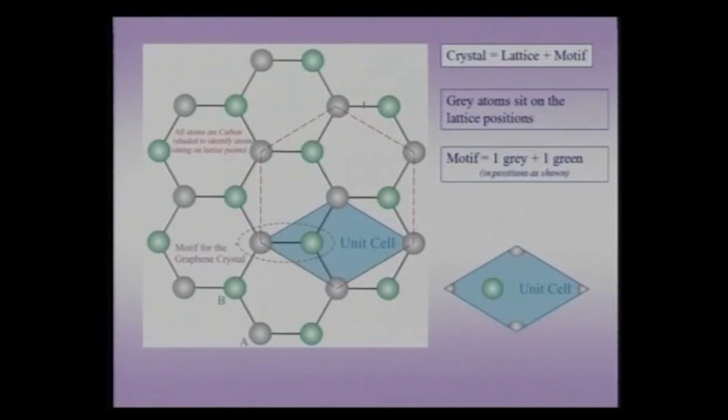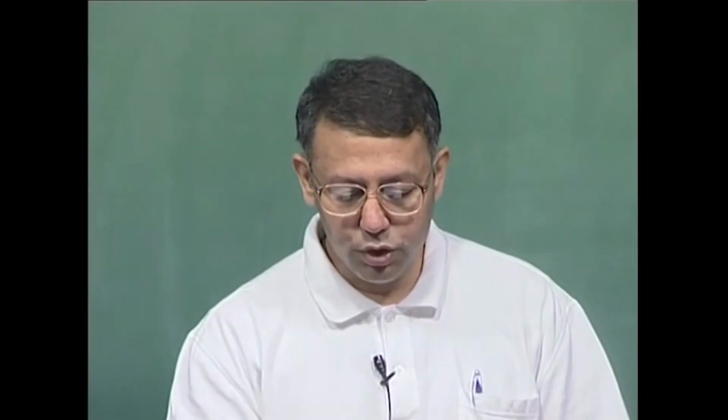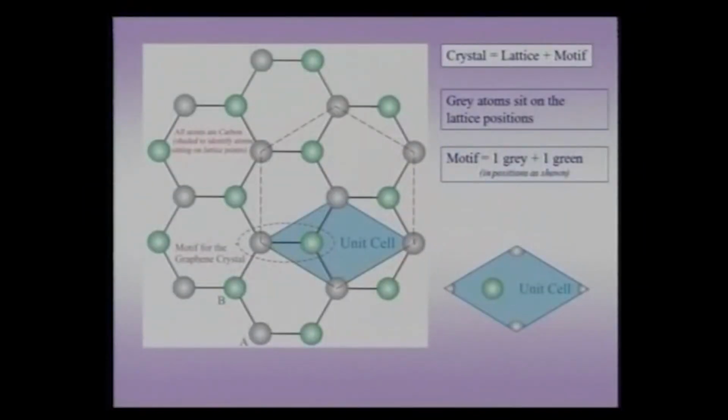So now, what is the unit cell? The unit cell, as you know in the conventional representation, has lattice points at the corners. In 2 dimensions it has to be a parallelogram, in 3 dimensions a parallelepiped, and we should have lattice points at the corners or vertices of such a unit cell. So my unit cell would be this blue colored rhombus, and my lattice points are the corners, the grey colored spheres of carbon.